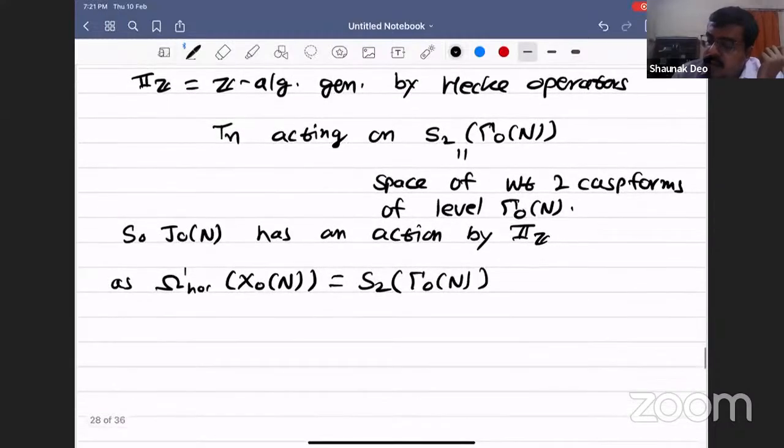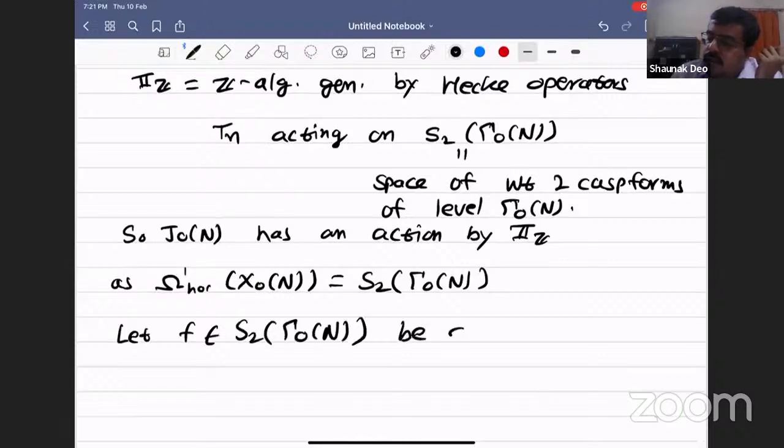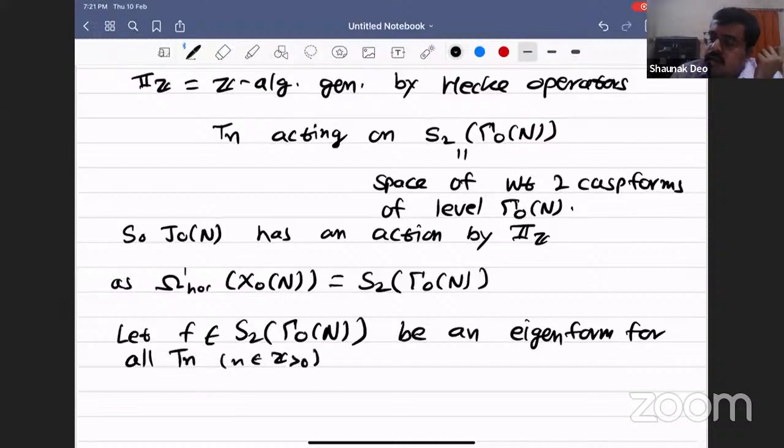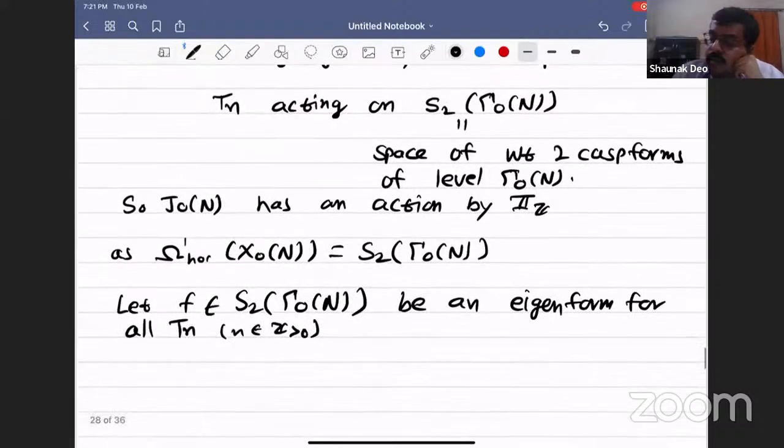Now let f be a weight 2 eigenform of level gamma naught of n, an eigenform for all Tn, where n is just an integer. We are not taking the hypothesis that n is coprime to big N or something.